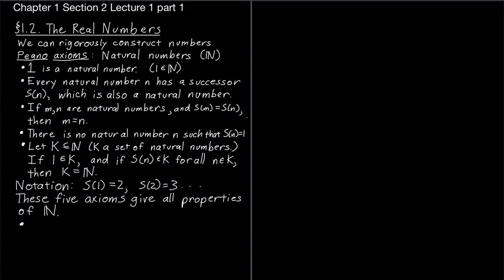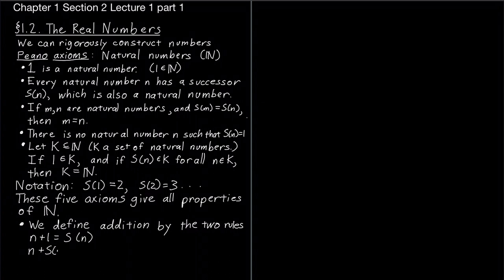So, for example, we can define addition by two rules. n plus 1 equals the successor of n, and n plus the successor of m is the successor of n plus m.